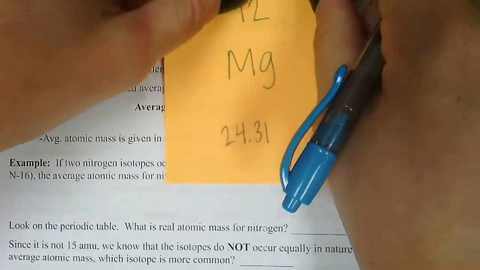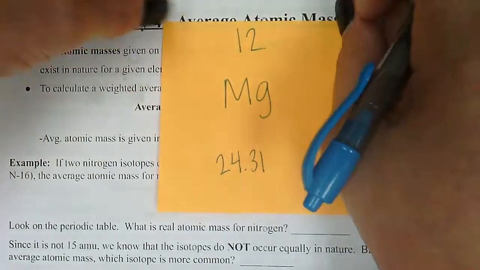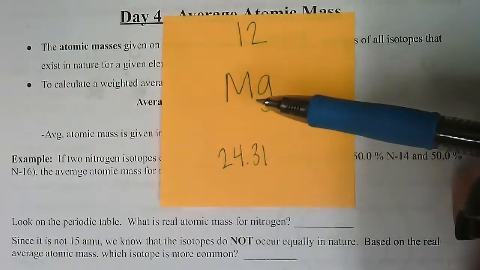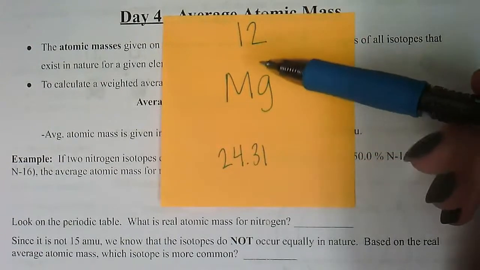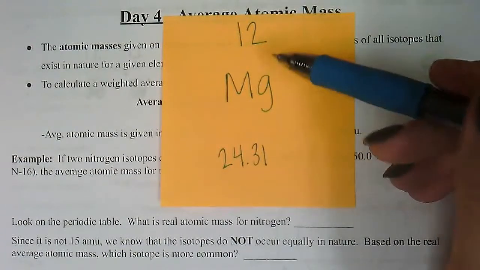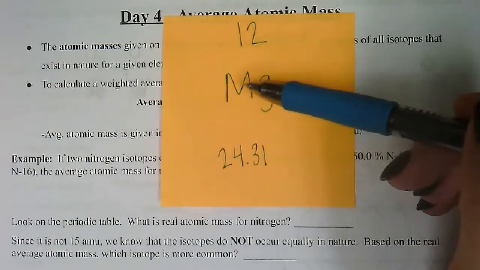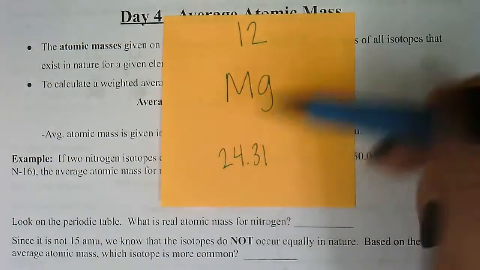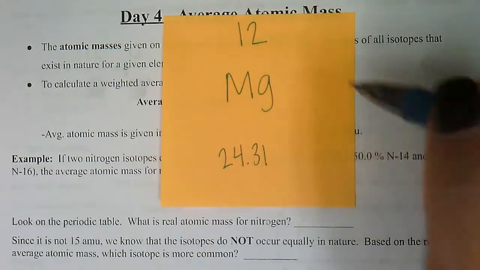Okay, so I wanted to give you guys an example really fast. So I have magnesium here, and if you're looking at your periodic table, you'll notice again we have our atomic number, our symbol. I would write out magnesium, and then I have our average atomic mass.